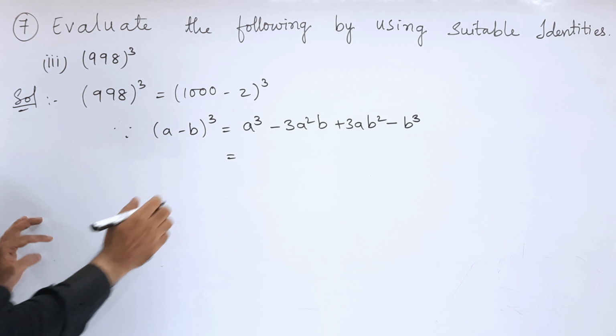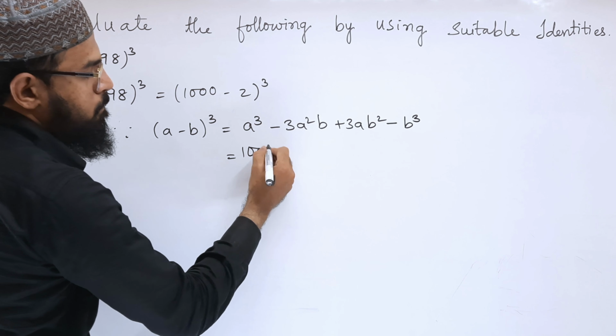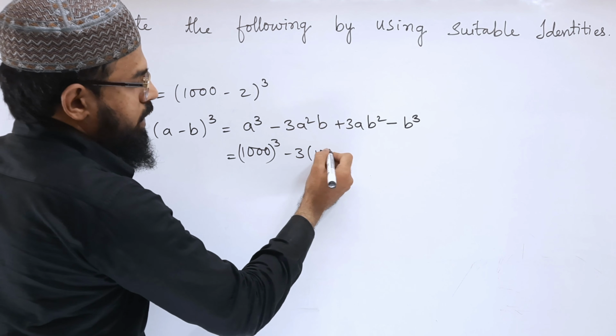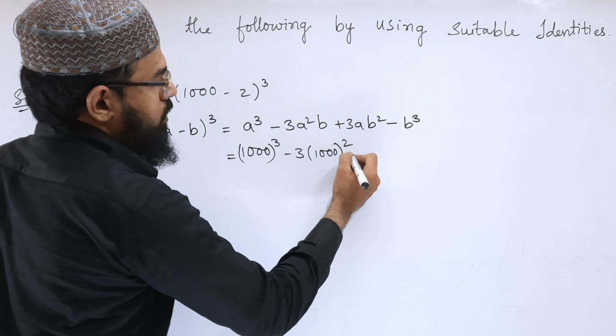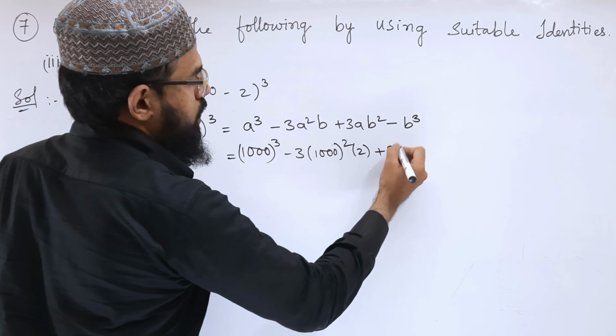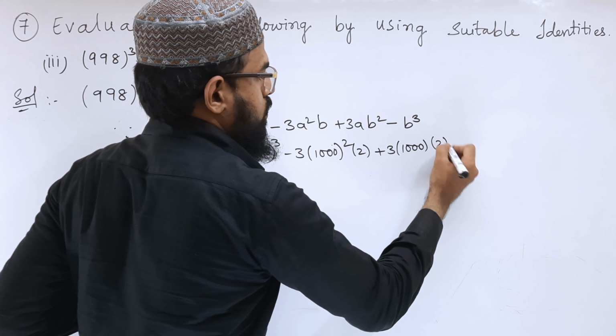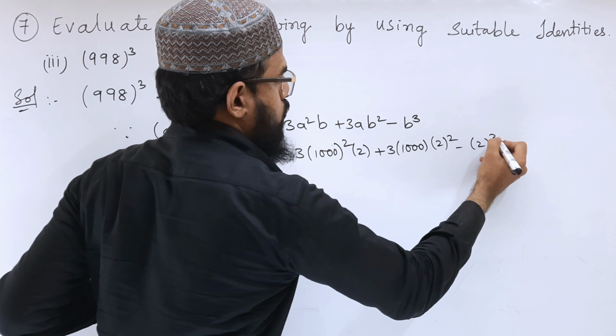So a is 1000, 1000 whole cube minus 3 times 1000 square times 2 plus 3 times 1000 times 2 square minus 2 cube.